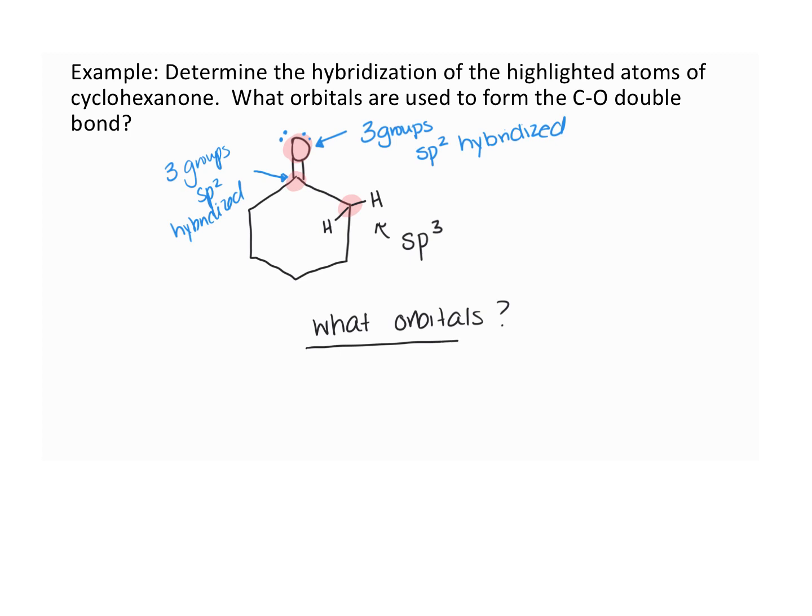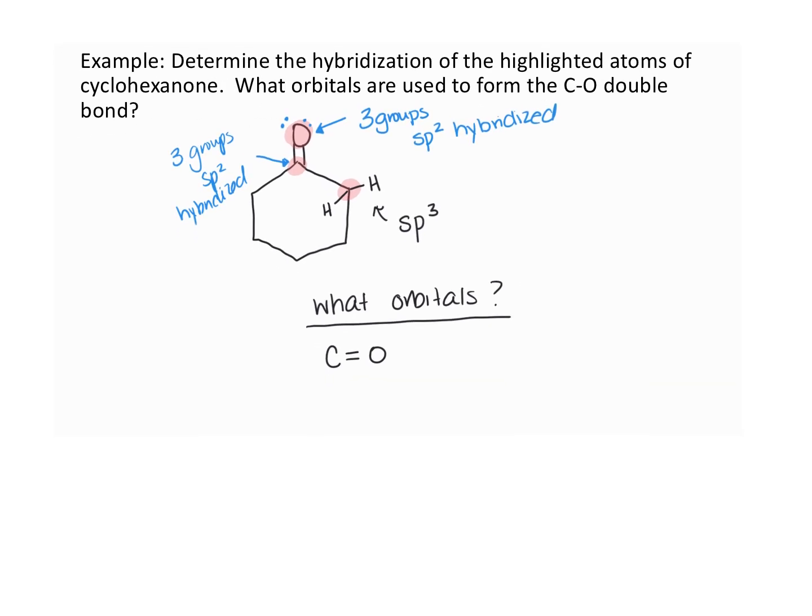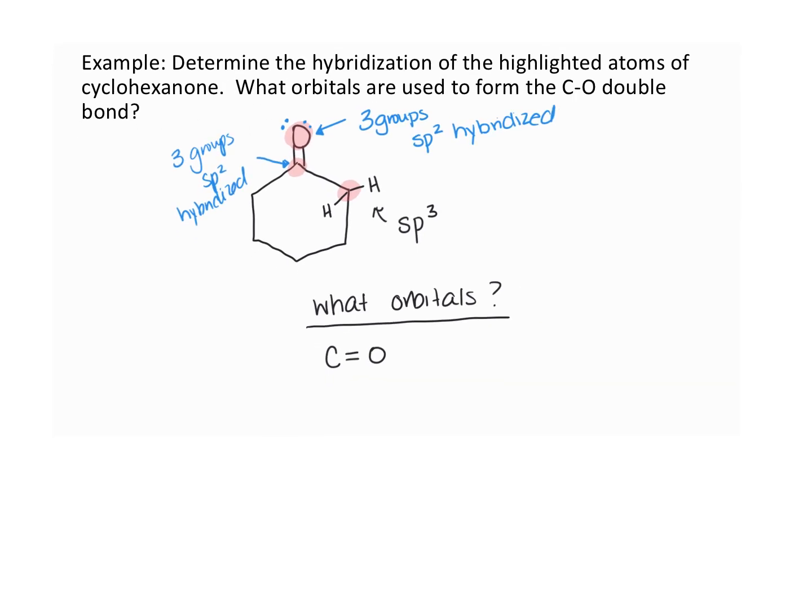So the next question is, what orbitals? When we look at the carbon double bonded to the oxygen, we know that carbon is sp2, and the oxygen is also sp2.